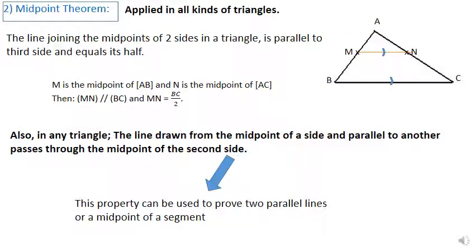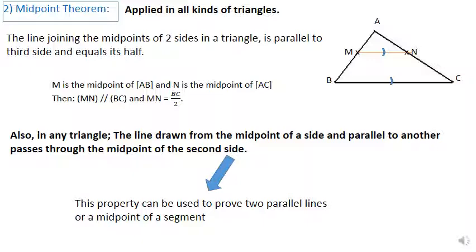The second important property that you have to know is called the midpoint theorem. From this theorem, you should know that it's related to midpoints. So if we have a triangle, and this is applied in all kinds of triangle, it's not necessarily to be right, okay? In the previous property, it's necessary to have a right triangle.